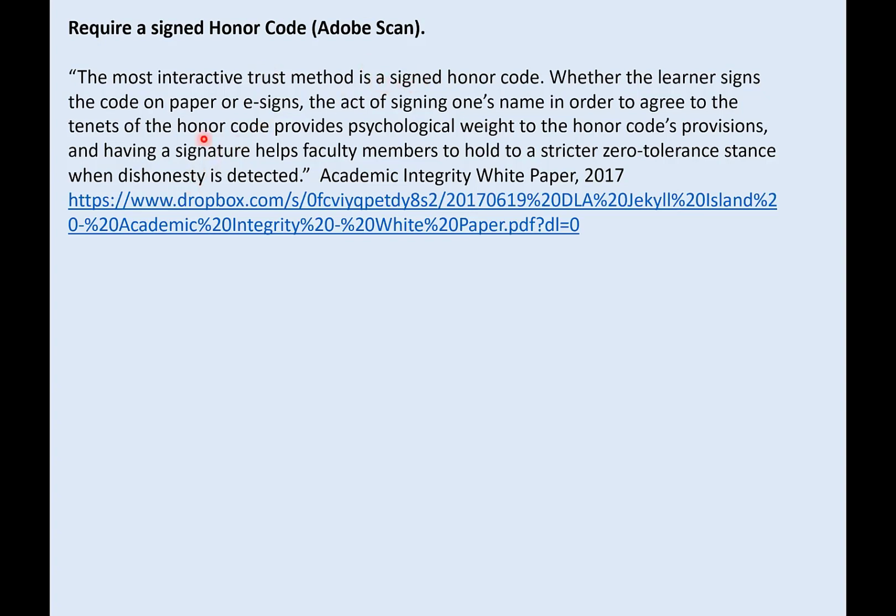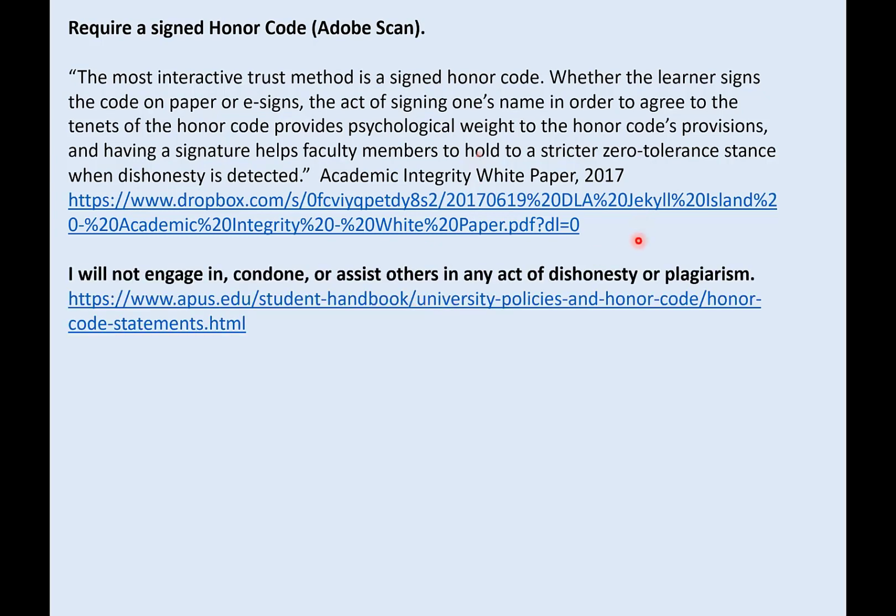Whether the learner signs the code on paper or e-signs, the act of signing one's name to agree to the tenets of the honor code provides psychological weight to its provisions. And having a signature helps faculty members hold to a stricter, zero tolerance stance when dishonesty is detected.